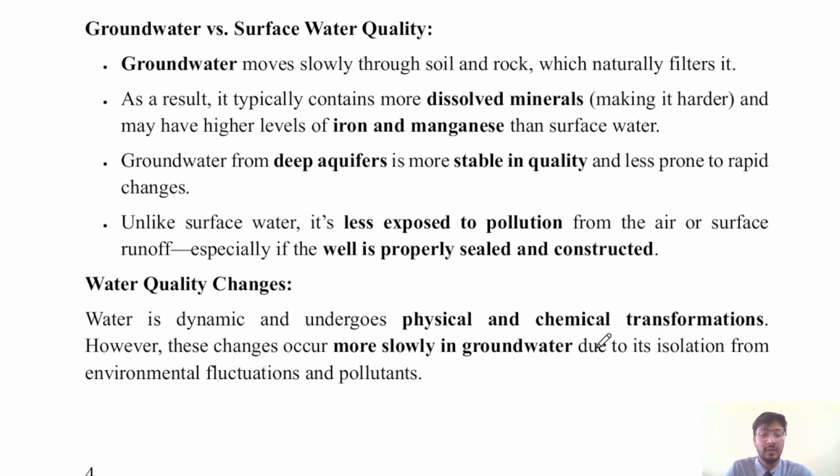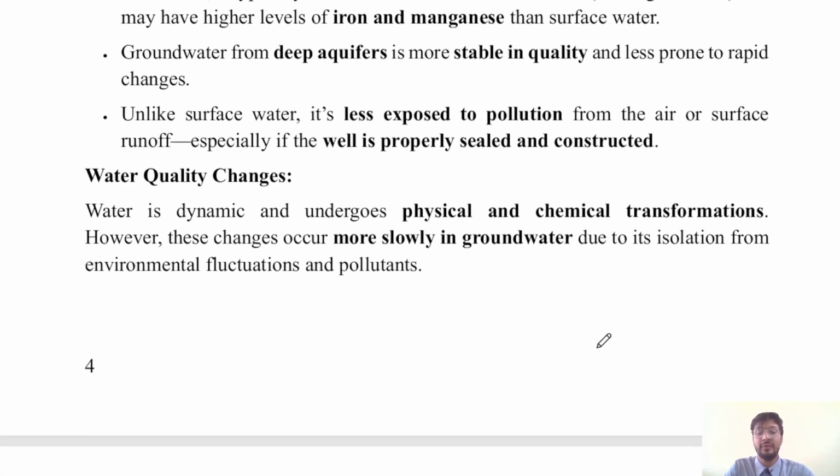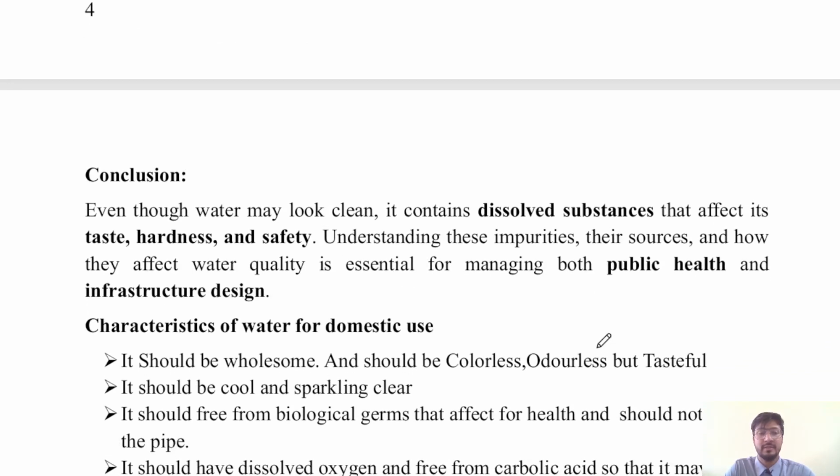So groundwater is less exposed to pollutants as compared to surface water, and surface water needs more treatment, especially after rain, because it is more exposed to pollutants. Groundwater is generally safer if drawn from a deep sealed well, but may be harder due to minerals.